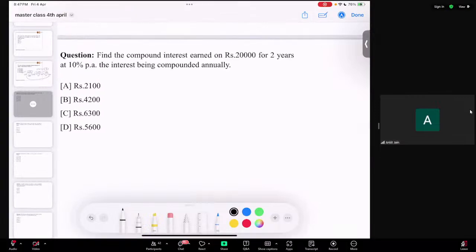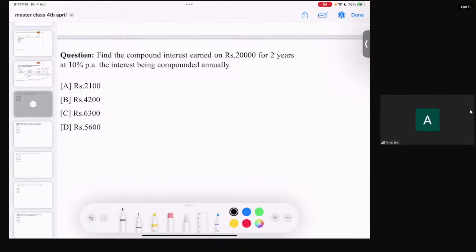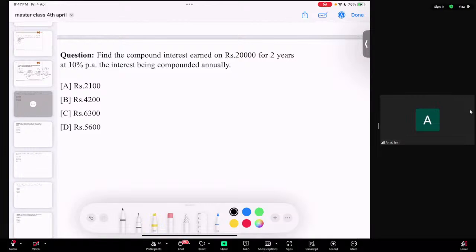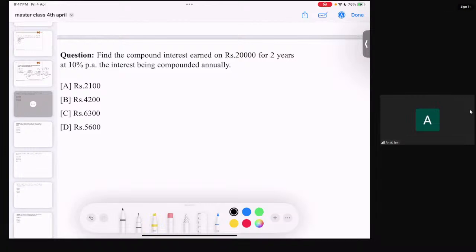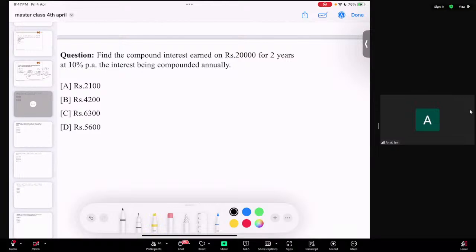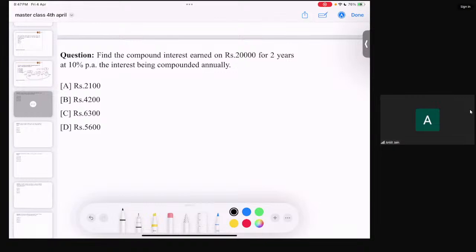Compound interest. Do not use formula in compound interest. Break into parts.